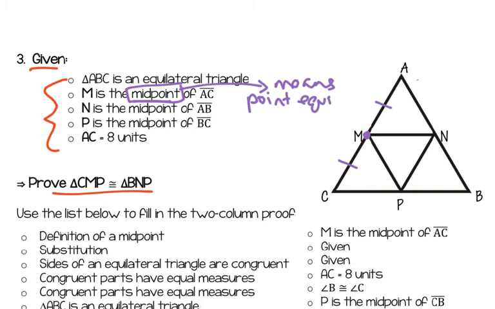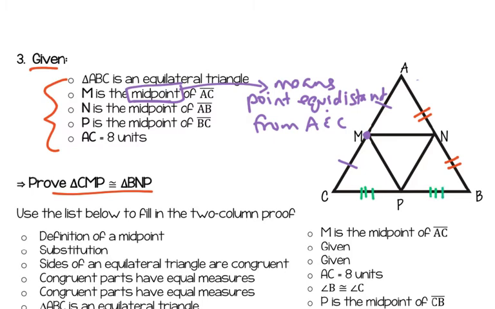We call it equidistant, the point equidistant from A and C. And then it says N is the midpoint of AB. So if I look at N, it's the midpoint of AB, and those two pieces are the same. And then P is the midpoint of BC.